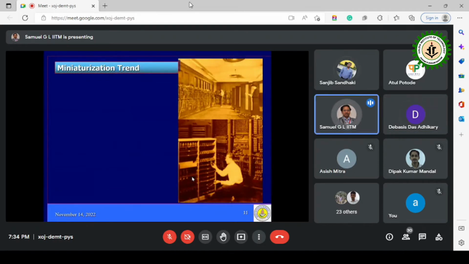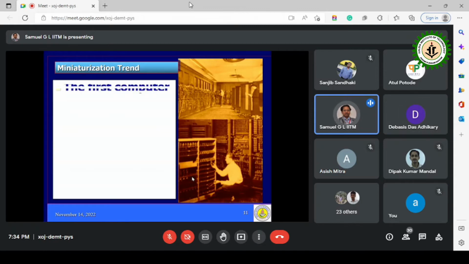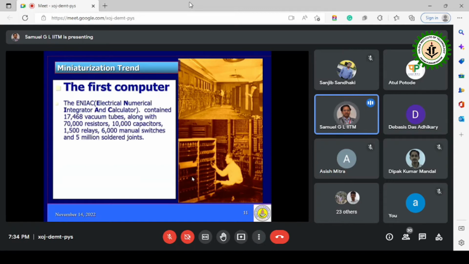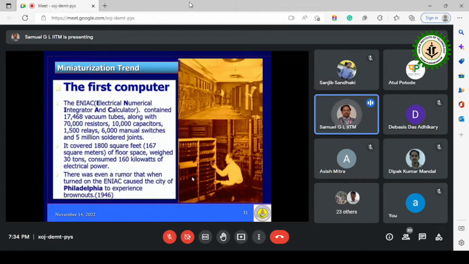So if you look at the picture here, this is not a supercomputer, but this is the first computer, which was made in the 1950s and 60s. So it was 1946. When they were using this, the power consumption for one computer was 160 kilowatts.